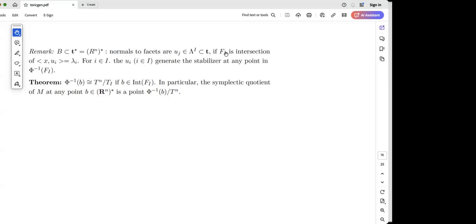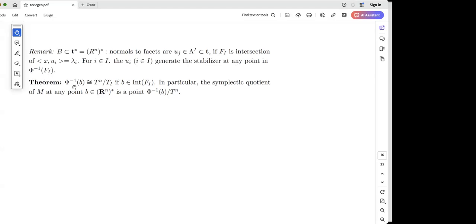This is true if and only if f_I is the intersection of the hyperplane where the inner product of x with u_I is equal to lambda_I, for I in the index set. The u_I generate the stabilizer at any point in phi inverse of f_I.